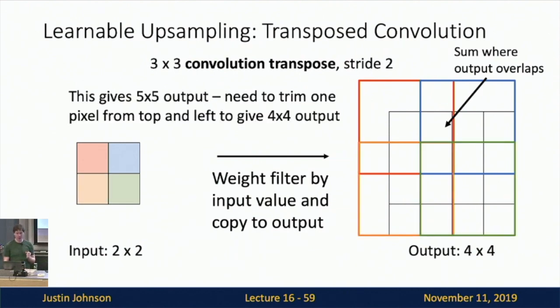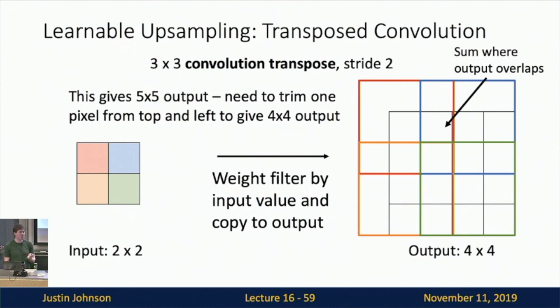If we repeat this procedure over each of the 2 by 2 regions in the input, it gives rise to this native 5 by 5 output, an overlapping sum of these 4 different 3 by 3 regions. Now we can get a 4 by 4 output by trimming one of the rows and one of the columns. This trimming operation is akin to padding in this transposed convolution operation.